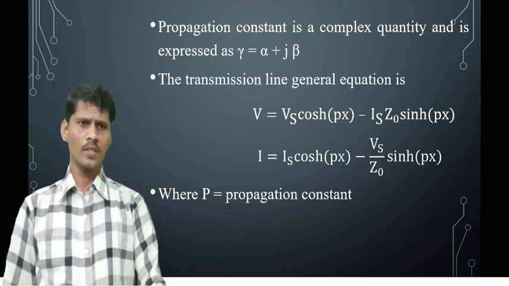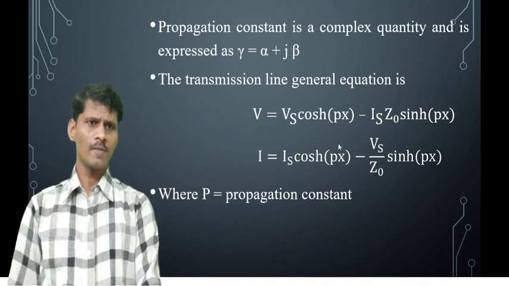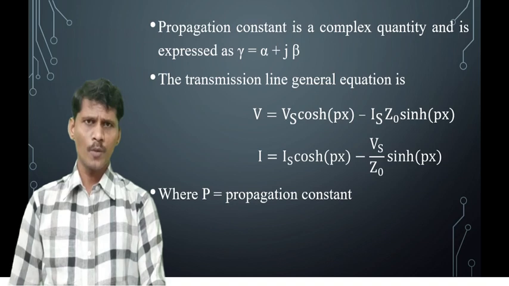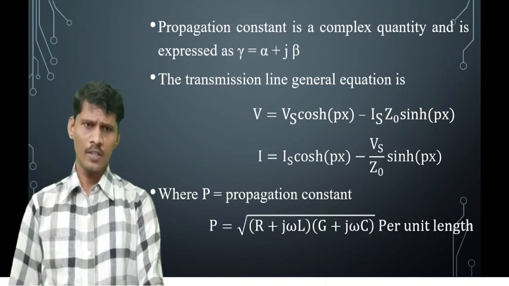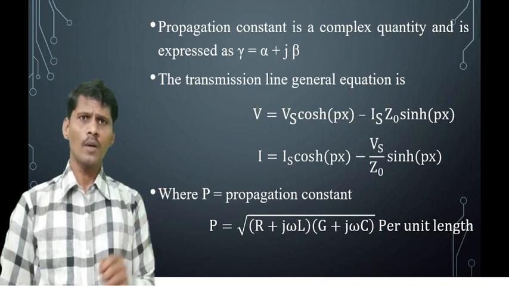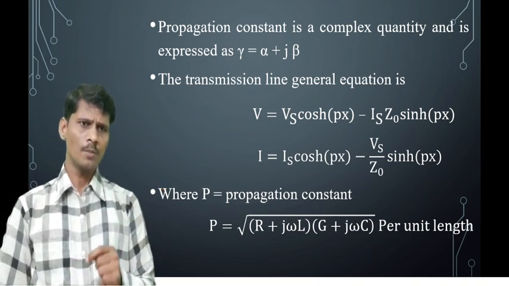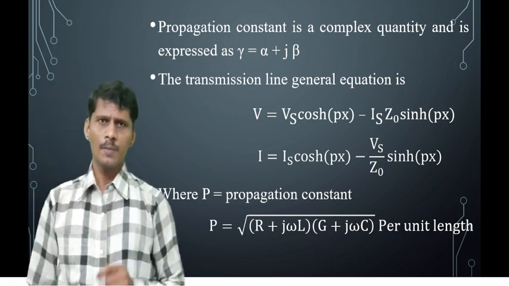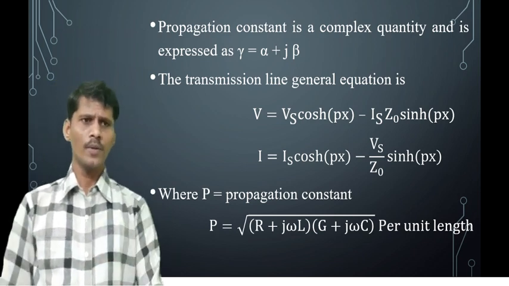In these two equations, P is called the propagation constant, and it is given by P is equal to square root of R plus j omega L into G plus j omega C. It is measured per unit length.